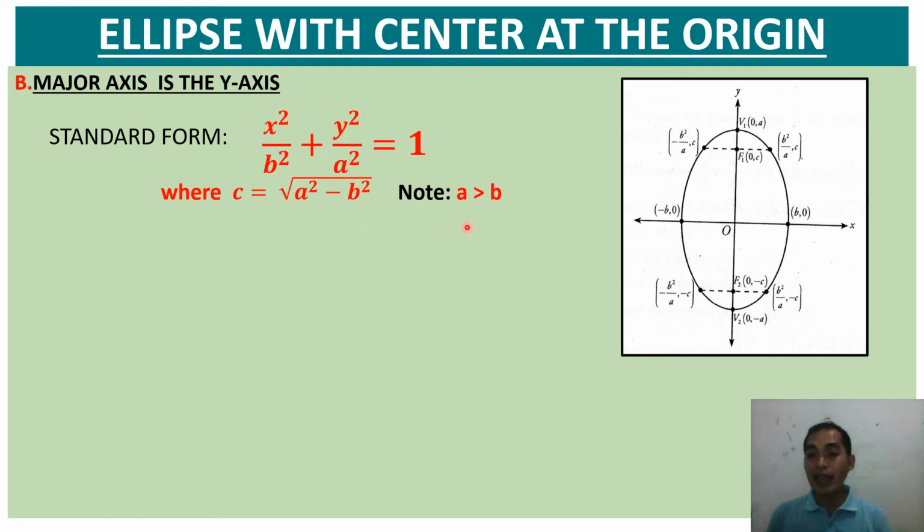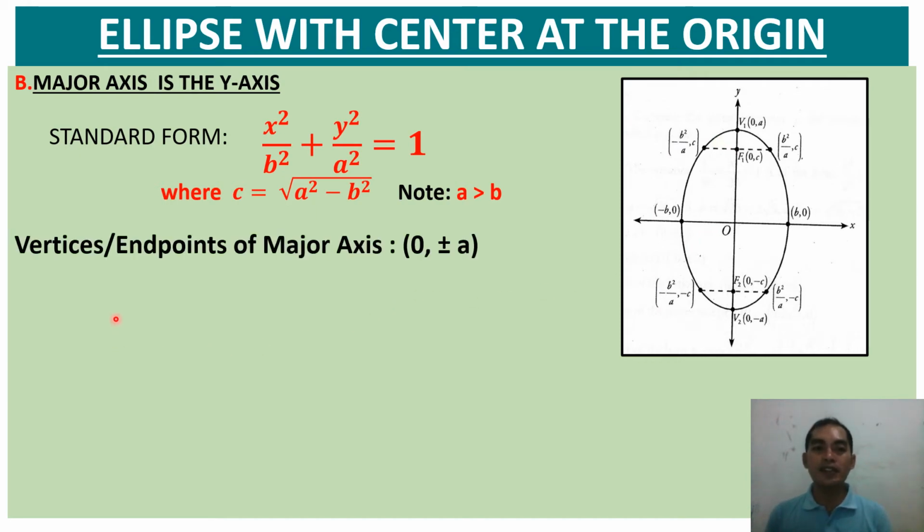Take note that a is greater than b. Laging a ang greater than b. Pero tingnan nyo yung variable sa numerator na ang ilalim ay a. It's already y. So meaning, pag y ang variable sa taas ng malaking value ng a, the major axis is the y-axis. Patayo yung graph niya.